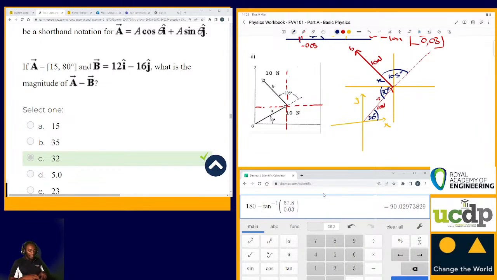What is the angle x, guys? Could you please give me the angle x?